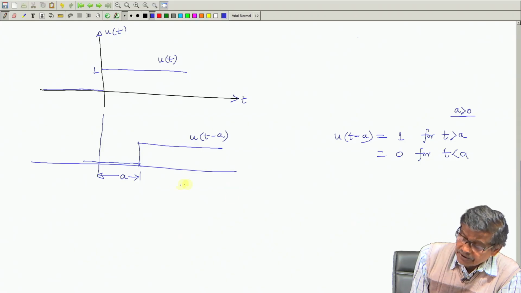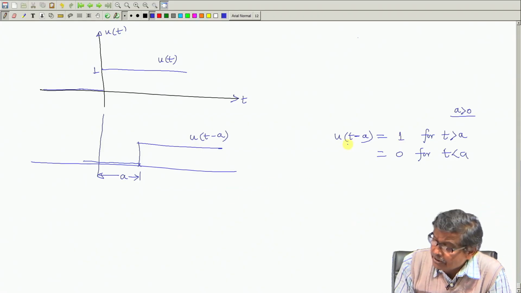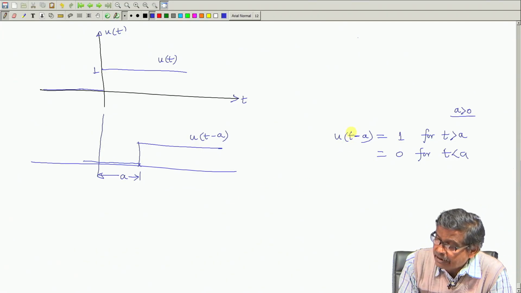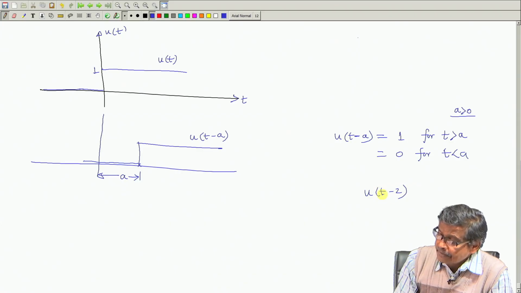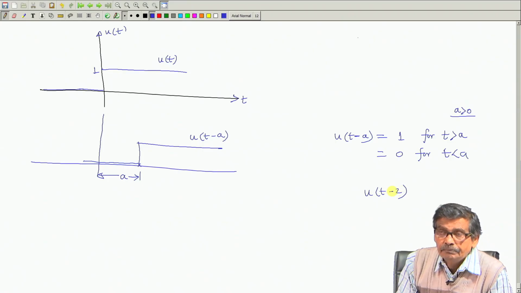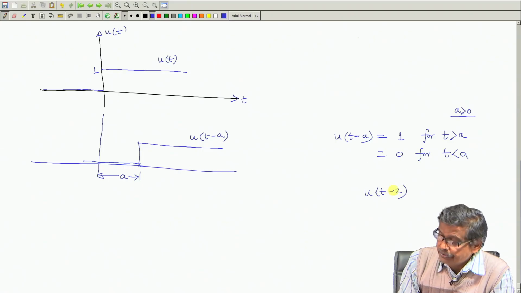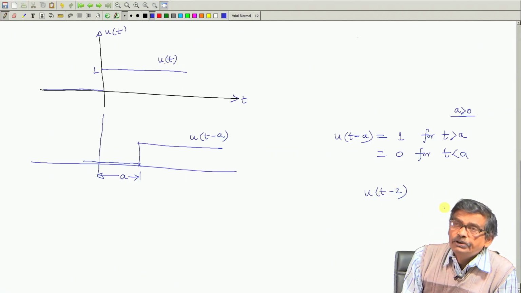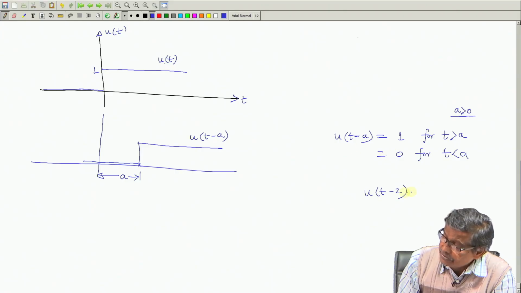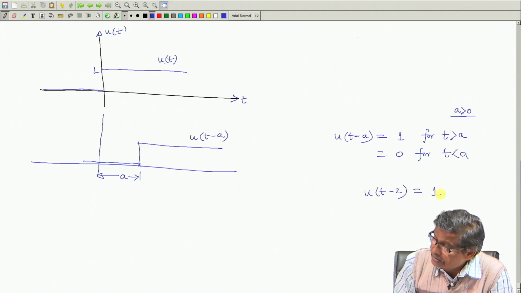Why is that? Because if you put any number t, let us take an example u(t minus 2). If t is greater than 2, then only this argument becomes positive, and by the definition of u(t), that will be equal to 1. That is why u(t minus 2) will be equal to 1 for t greater than 2.